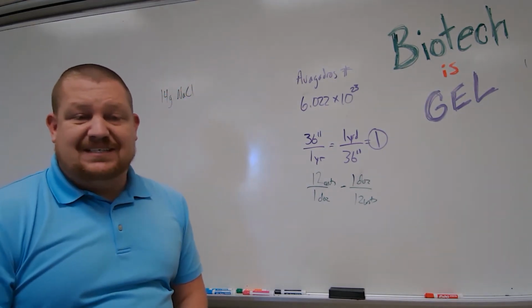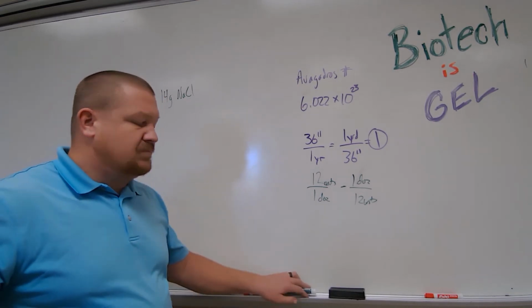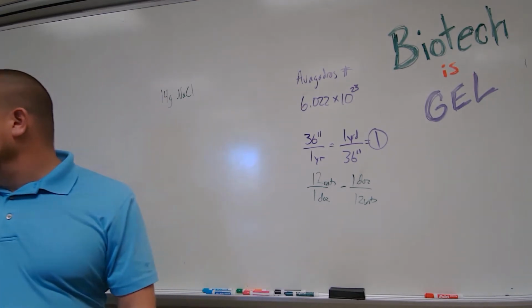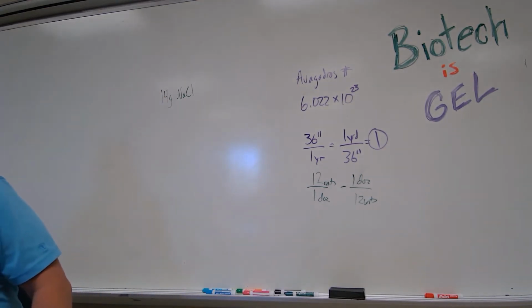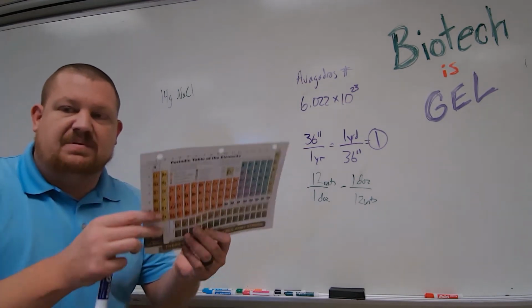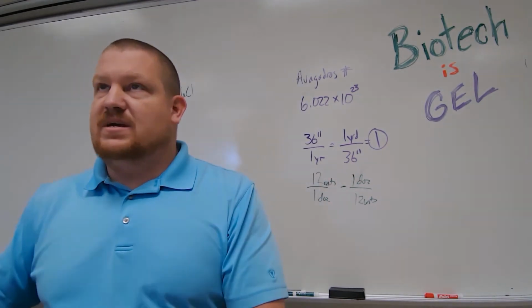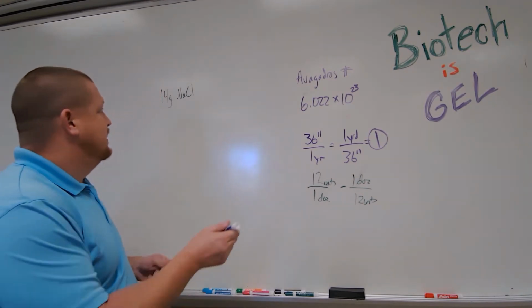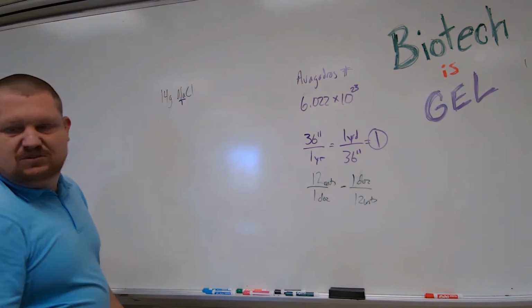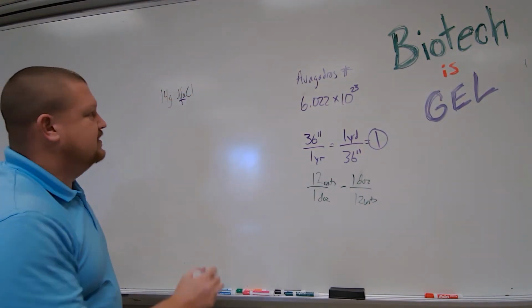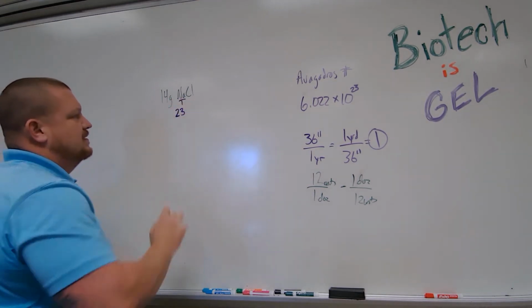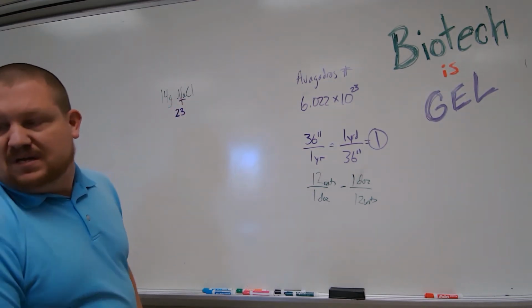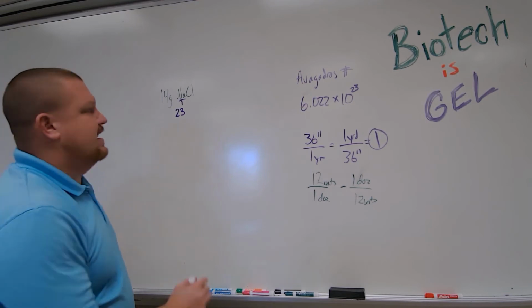So the first thing you need is the molar mass of NaCl. Here's our handy dandy periodic table right here. We know that sodium is 23, just rounding up, keep it simple. Chlorine is 35.